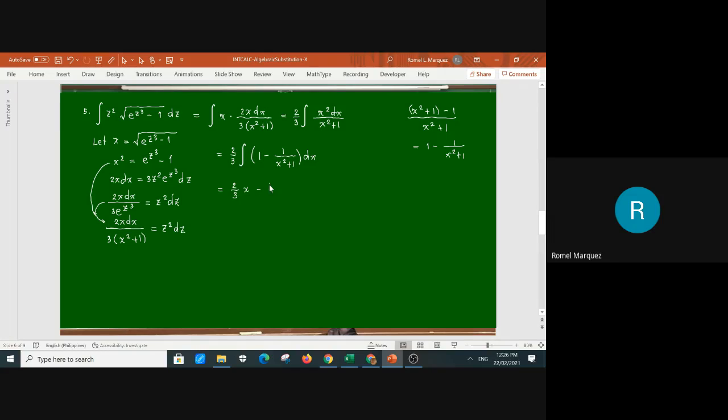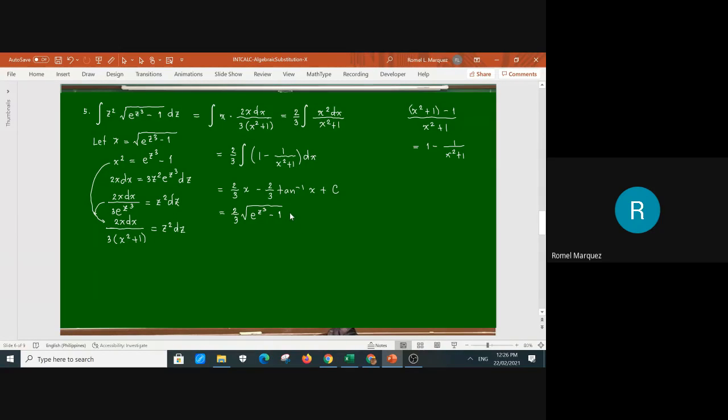And then what about the second term? What is the integral? Negative 2/3 times dx over x squared plus 1. That is inverse tangent of x, no? Plus c. But x is not our original variable, so we have to put it back in terms of z. So we have 2/3 times, but what is x, guys? It is the square root of e to the z cubed minus 1.